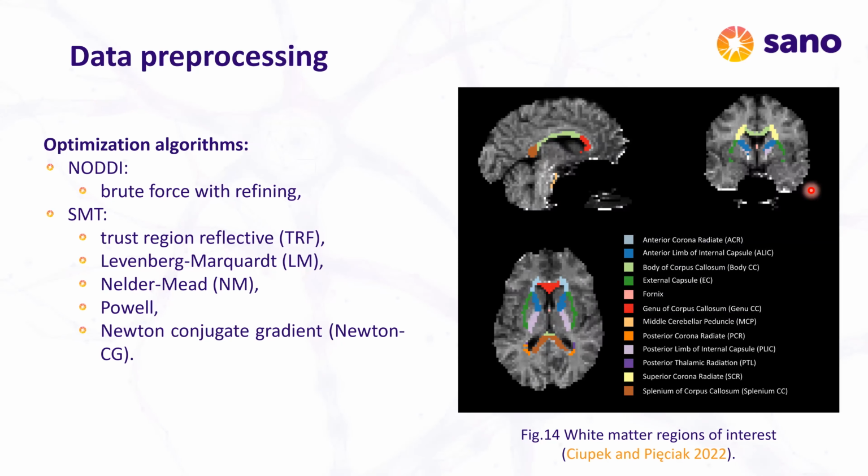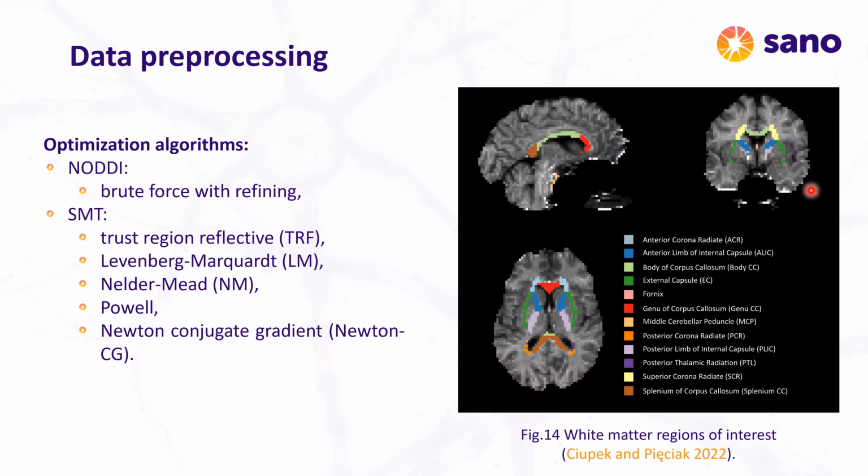Biophysical models are optimized by finding the microstructural parameter values that minimize the objective function, which is the transformed equation of a given model. The brute force algorithm, directly built into one of the Python neuroimaging libraries, was used to optimize the NODDI model.